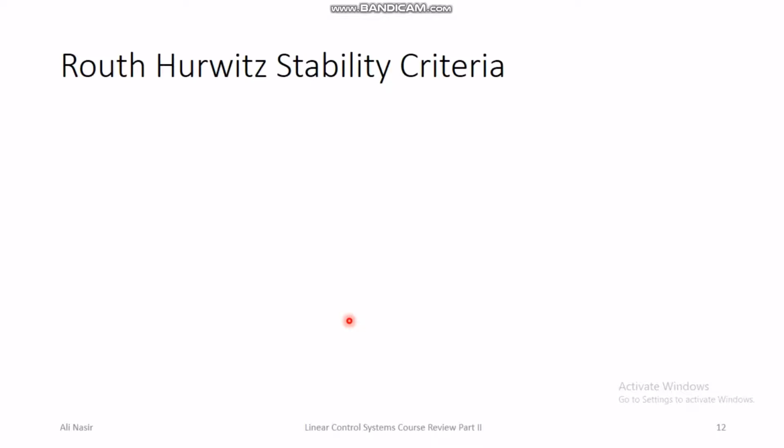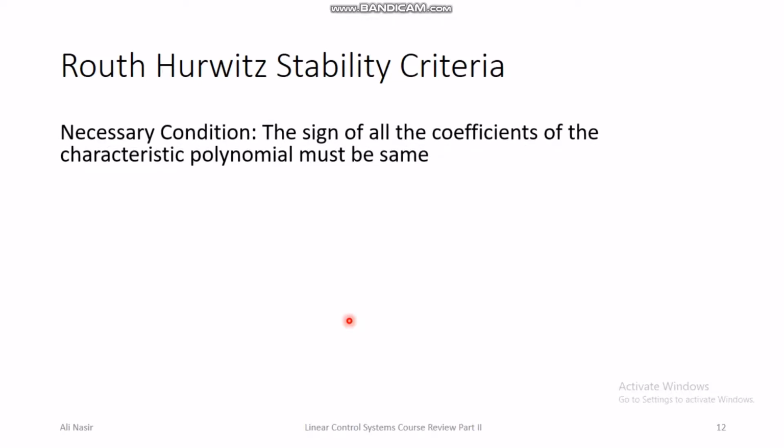And also if the matrix is of higher order, it is not very easy to find the eigenvalues. So there is a Routh-Hurwitz stability criteria which gives us information about the stability of an LTI system without having to calculate the poles of the transfer function or the eigenvalues of the A matrix. So what is this Routh-Hurwitz criteria?